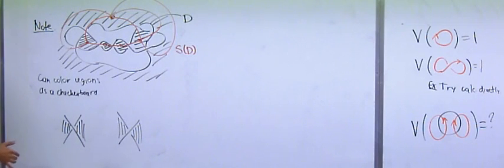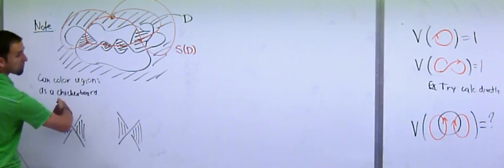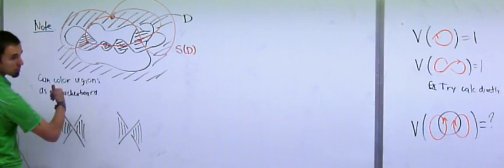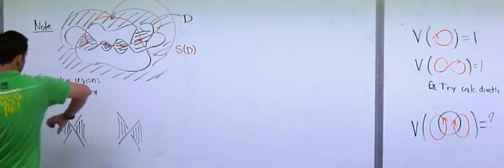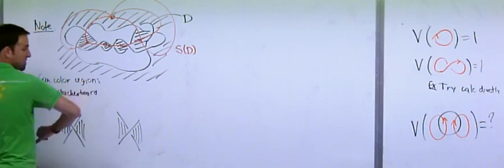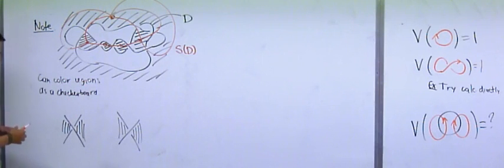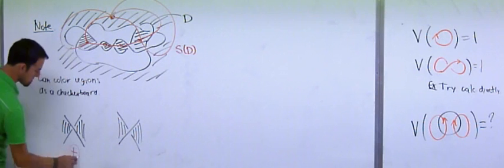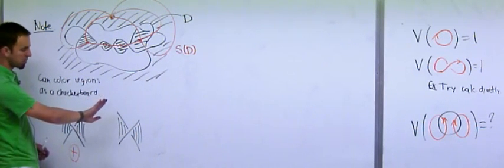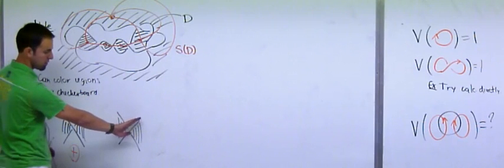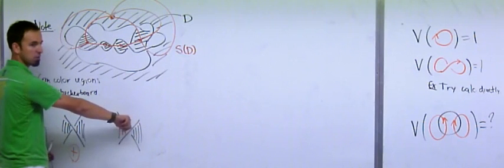It's kind of a right-hand rule. So you're going to go from the upper strand, and so from the upper strand, you cross through the black region to the lower strand, and then see where your thumb is pointing. So here from the upper strand to the lower strand, you go like this, and the right-hand rule tells you to point this way, which is a plus. So this is a plus crossing. And this one, if you go from the top strand to the bottom strand through the black region, you go like this, and you're pointing toward the other direction, the minus sign.